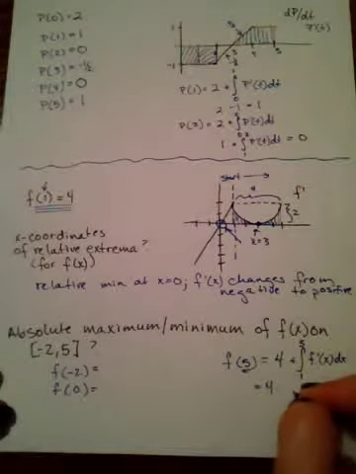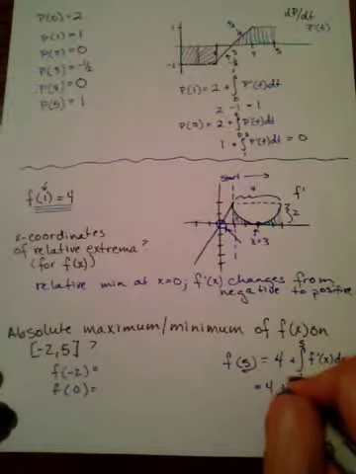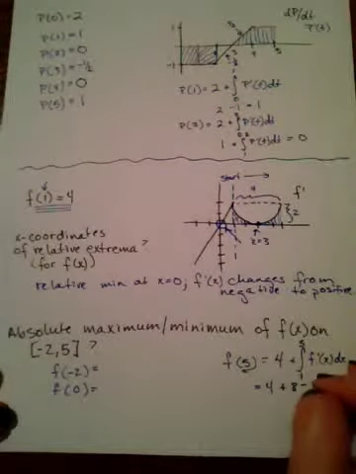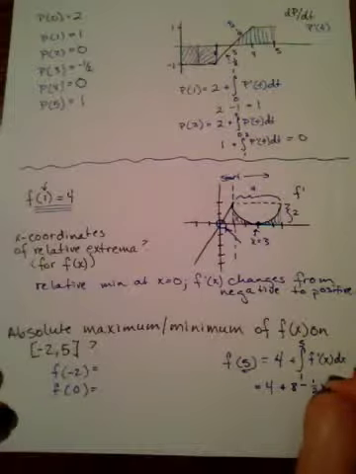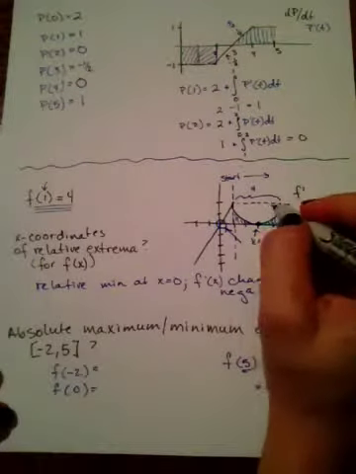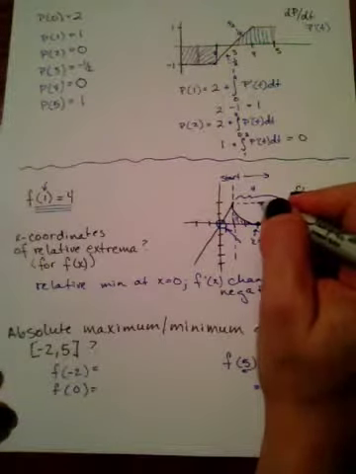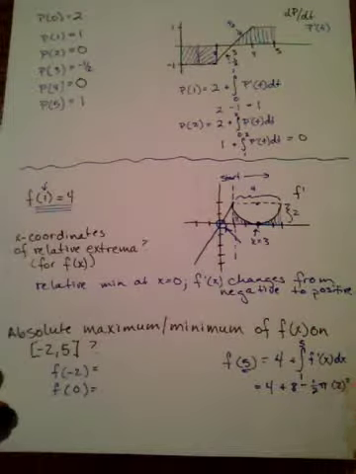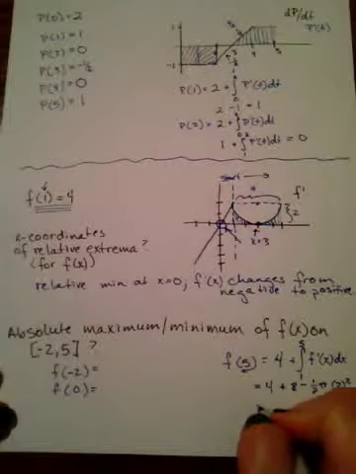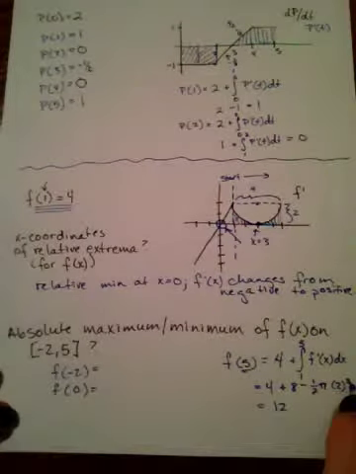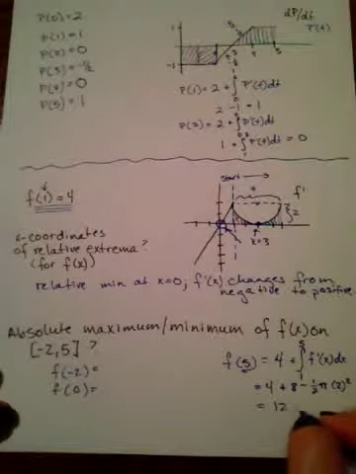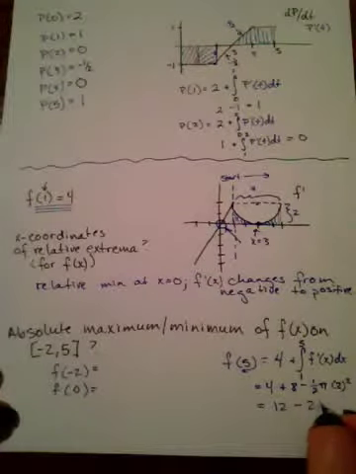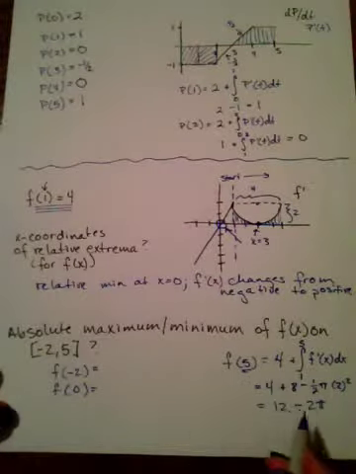So it's an area of 8. So this will be 4 plus 8, but then I have to subtract the semicircle, so that is 1/2 pi times my radius. If this is 4, my radius is 2, squared. So this will equal 12, and then this is 2 pi. So that's one of my values.